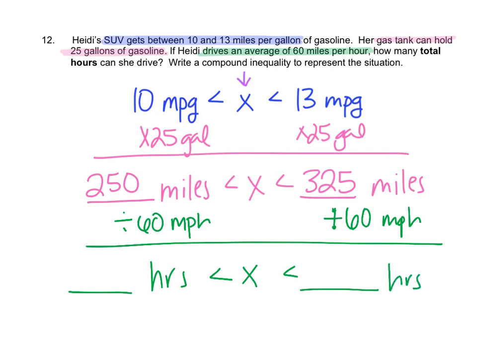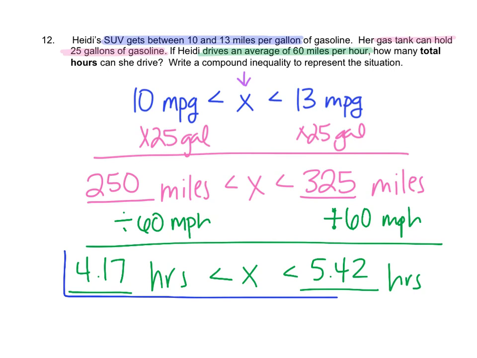So 250 divided by 60 is 4.17 hours, while 325 divided by 60 is 5.42 hours. So now, how many hours can she drive? I have my answer. She can drive between 4.17 hours and 5.42 hours. And here is that final answer.